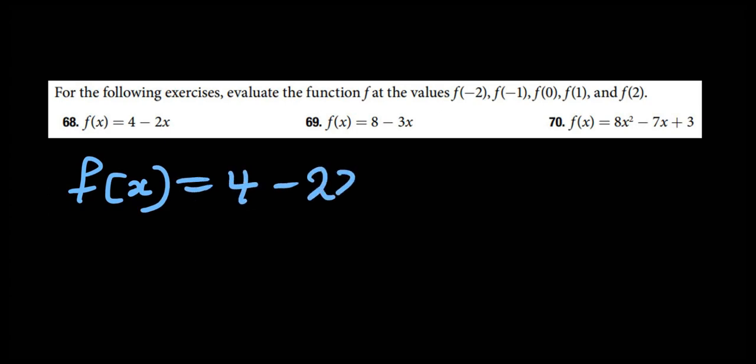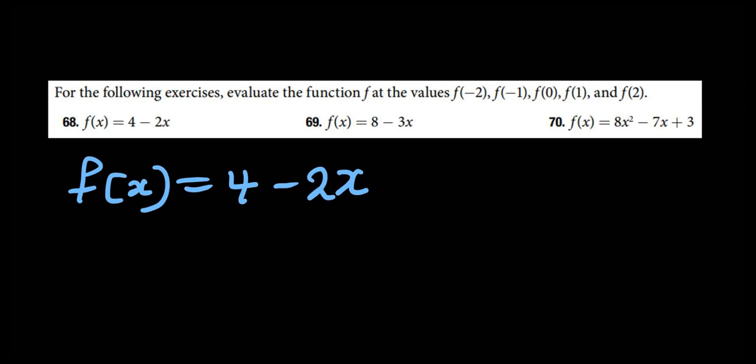All right, this question says, for the following exercises, evaluate the function at the values f of negative 2, f of negative 1, f of 0, f of 1, and f of 2. Okay, so now let's look at question 68. We have f of x equal to 4 minus 2x.